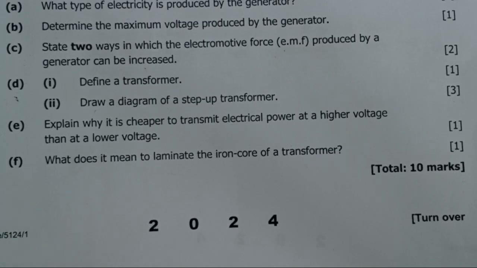A step down transformer is used to reduce the voltage. The step up transformer has more turns on the secondary than on the primary, so the voltage of the secondary coil is greater than the voltage on the primary coil.